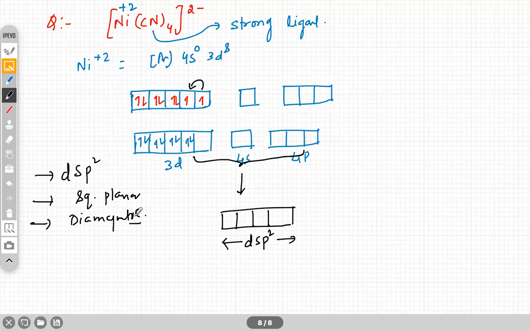Can you repeat? Sorry? I said we have 5 d orbitals in the 3d subshell. Out of the 5, which d orbital is involved in this geometry? Because only one d orbital is involved, no? So which d orbital is it out of the 5?